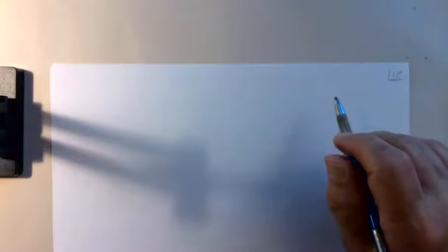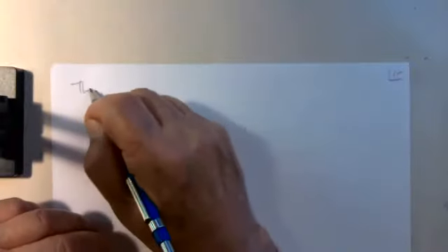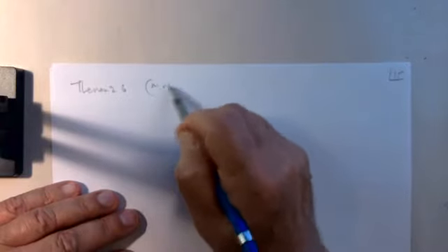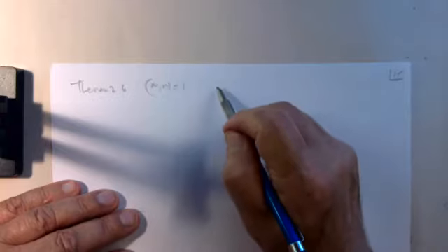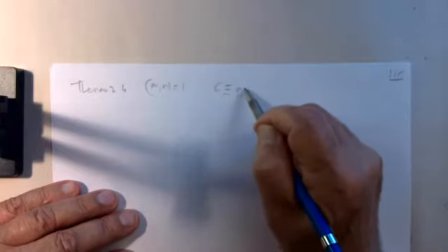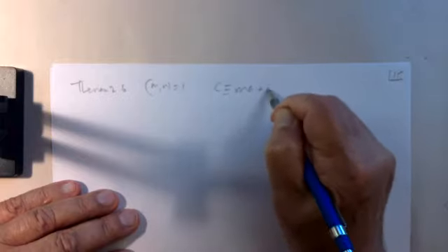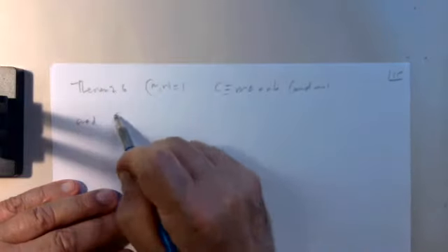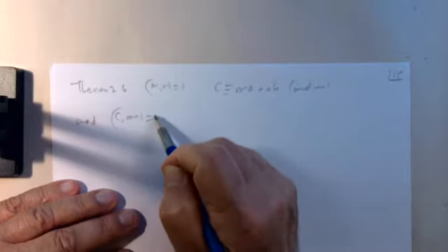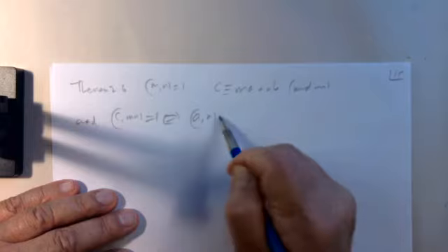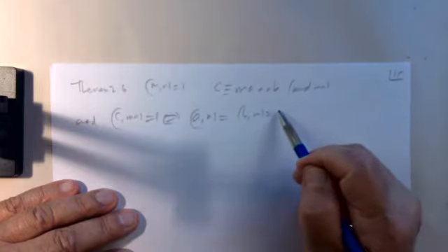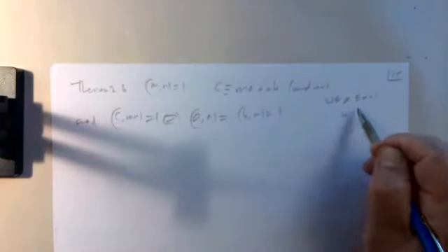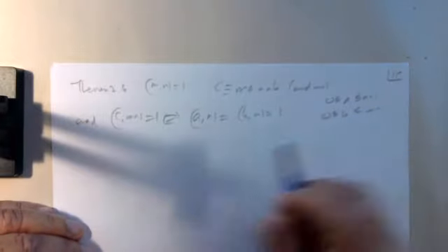What we proved a few minutes ago in Theorem 2.6: if M and N are relatively prime, then every C can be written in the form MA plus NB mod MN uniquely, and C is relatively prime to MN if and only if A is relatively prime to N and B is relatively prime to M. And again, A is between 0 and N minus 1, and B is between 0 and M minus 1.